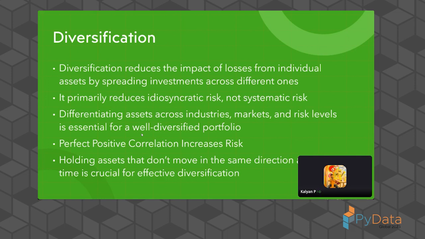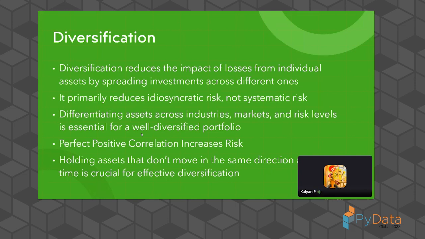And in order to build a very diversified portfolio, it's good to include assets in various industries, various instruments, and at various risk levels, so that your portfolio is well diversified. That's exactly what portfolio managers and robo advisors do with your money when you invest in different asset portfolios.